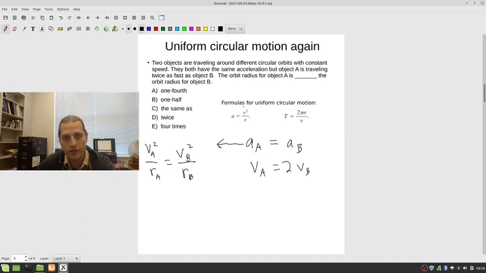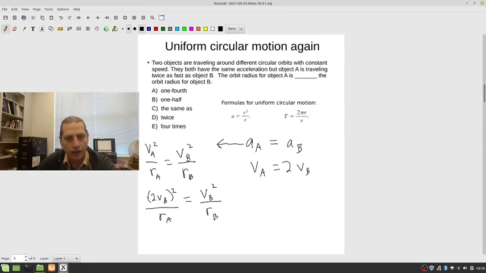Okay, so that's just me saying that these are both objects in uniform circular motion. They're both going at some speed and some radius r. Now, I'm going to use my other piece of knowledge and put in my 2vB. So (2vB) squared over rA equals vB squared over rB.